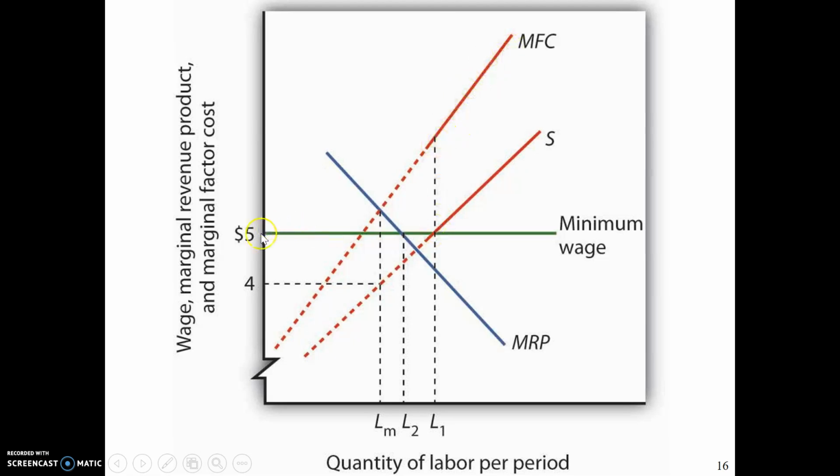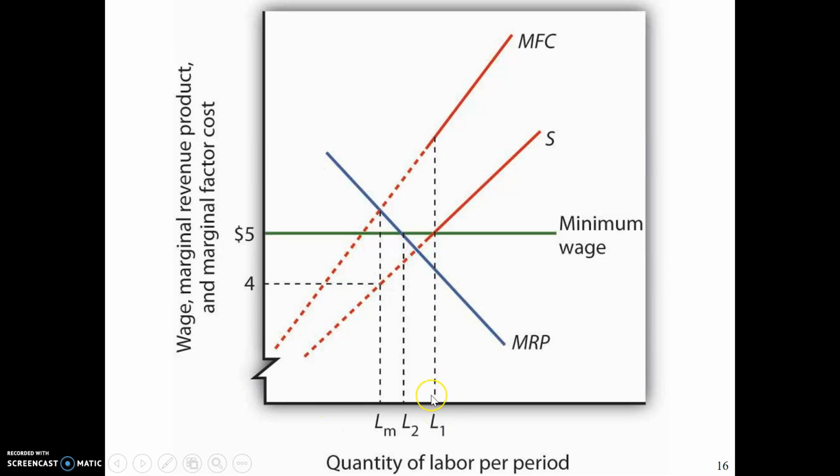So the marginal factor cost curve would look like this to here, then up, and then up here. Because once we have an upward sloping supply curve beyond L1, we also have a marginal factor cost that's above supply. These two are only going to begin at labor quantity L1.